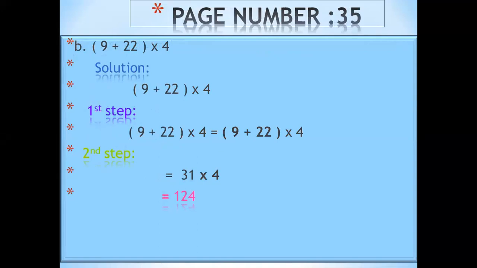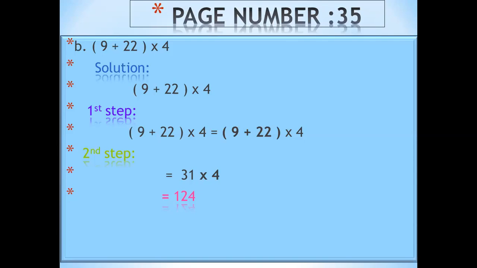9 plus 22 multiplied by 4. According to the DMAS rule, first we multiply and then we add. But we cannot apply that rule over here because we are doing the sum with the brackets. So it is necessary that first we solve the bracket and then we multiply or add with the other number.